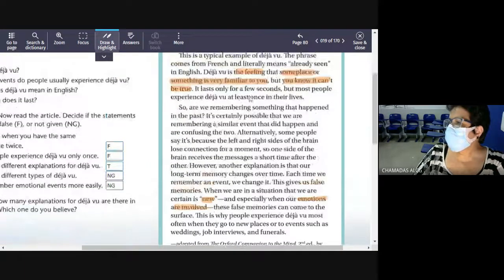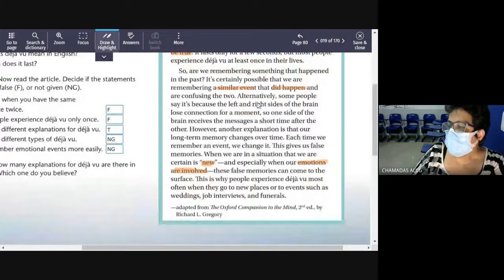So here, actually, they give three explanations. Look, they say, it's certainly possible that we are remembering a similar event that did happen and are confusing the two. So this is one explanation. Alternatively, some people say it's because the left and the right sides of the brain lose connection.